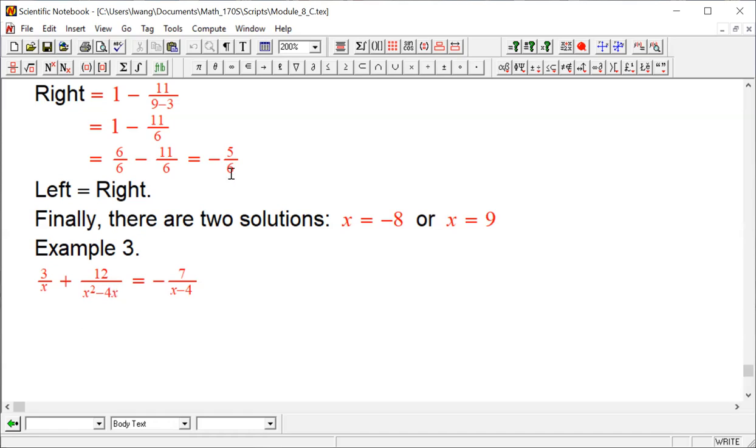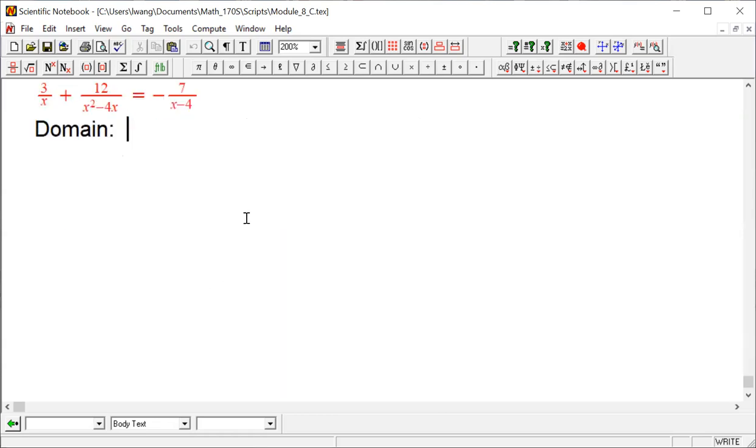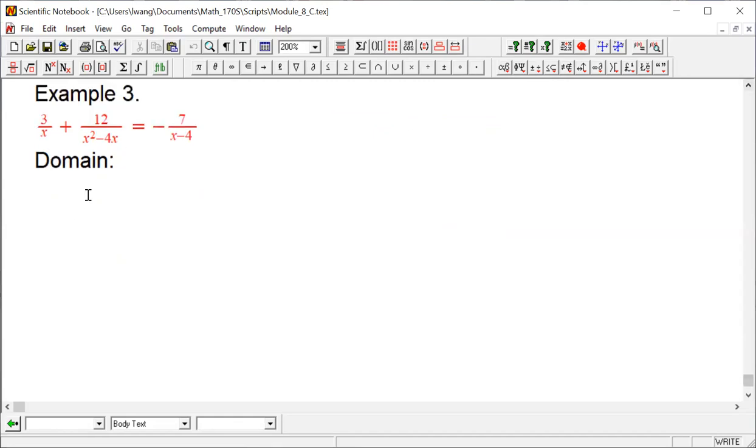All right. First things first, domain. We're going to factor all the denominators, right? The only denominator that needs to be factored is this one. So this equals x times x minus 4. And we need to guarantee that none of these are zeros, right? So x times x minus 4 should not be 0.